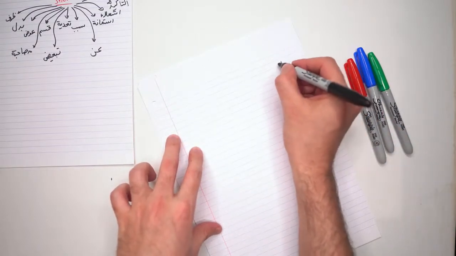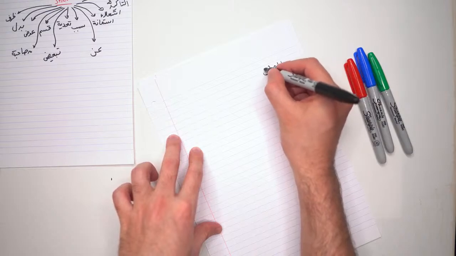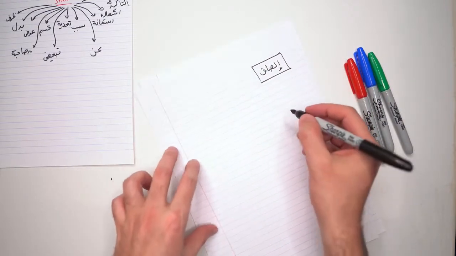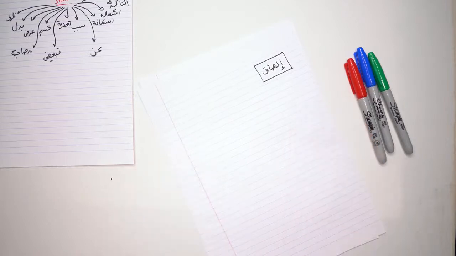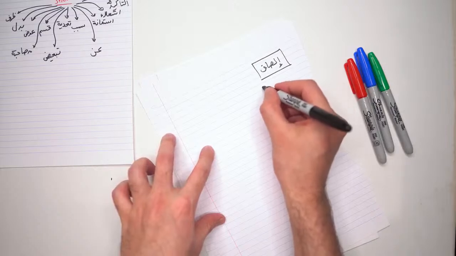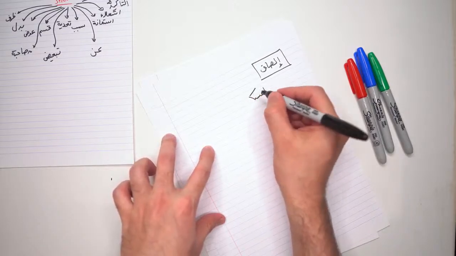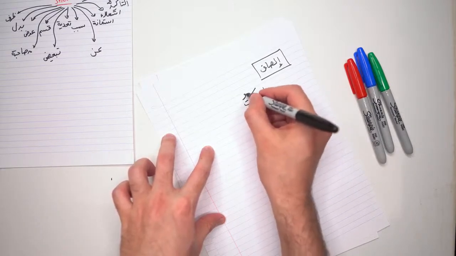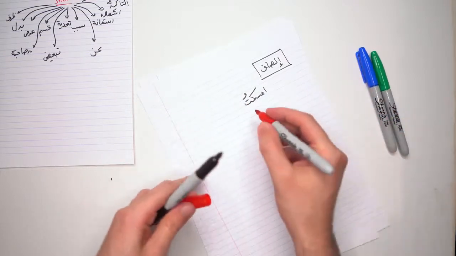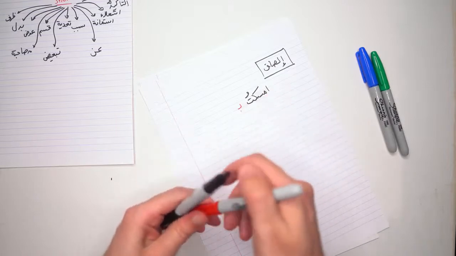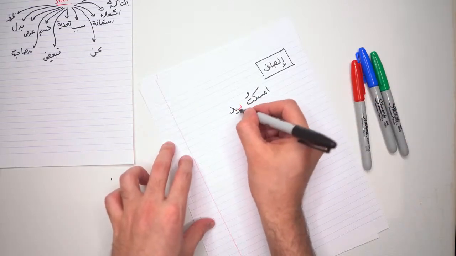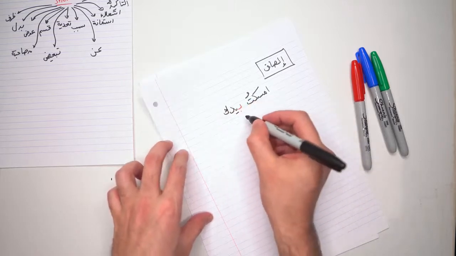Ilsaq basically means to stick, sticky. For example, in Arabic, you might say amsaktu biyadika.